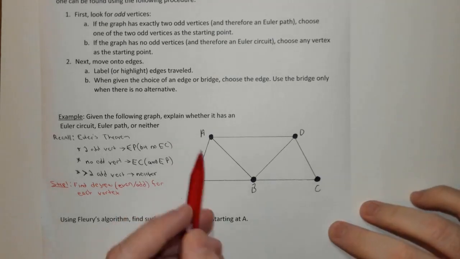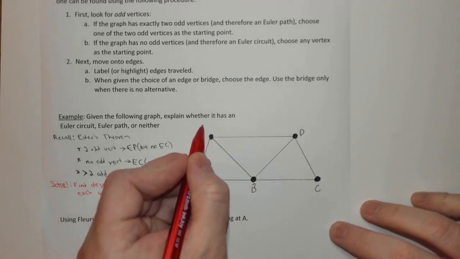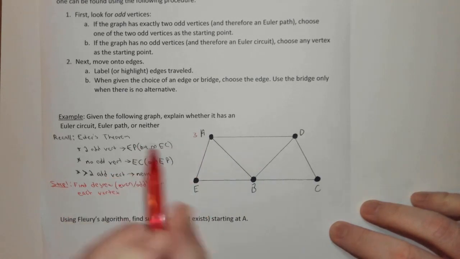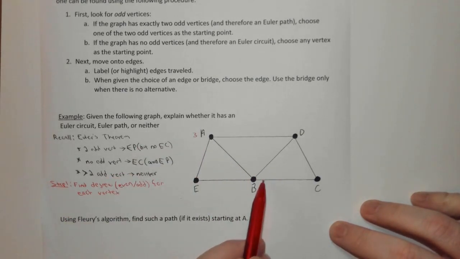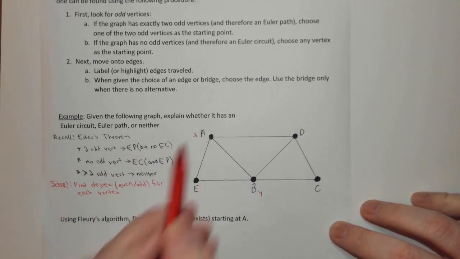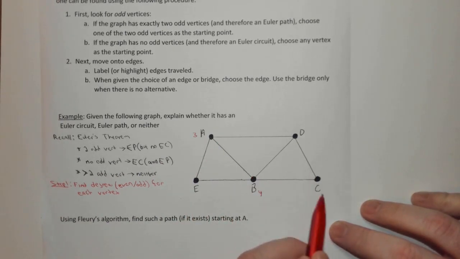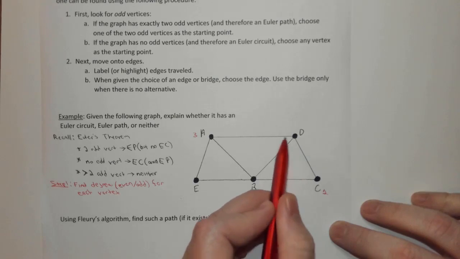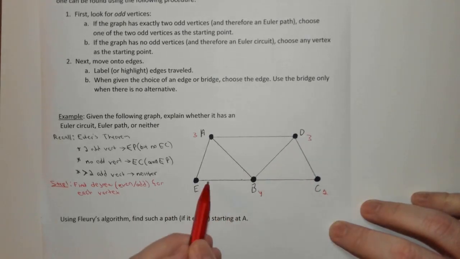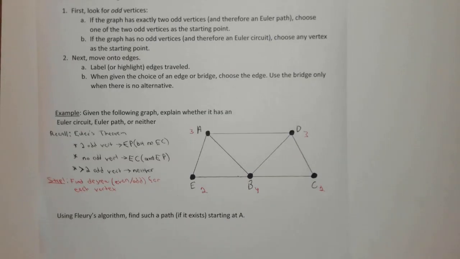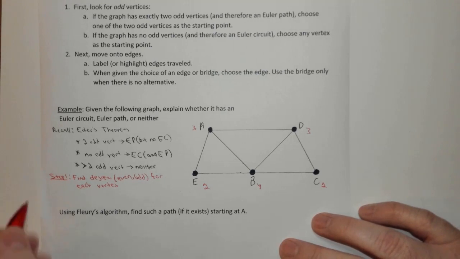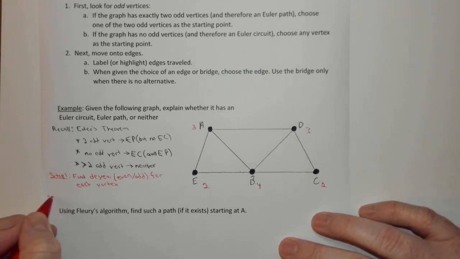Okay. So A is 1, 2, 3. B is 1, 2, 3, 4. All right, so here's one of my odds. 1, 2, 3. 1, 2, 3, 4. C is 1, 2. D is 1, 2, 3. And E is 1, 2. So we have exactly 2 odd vertices. Okay. So step 2.